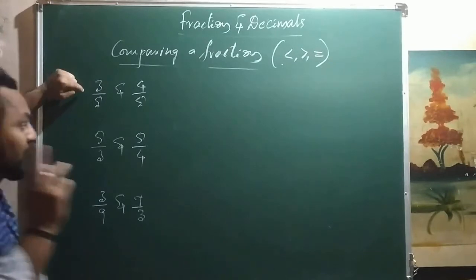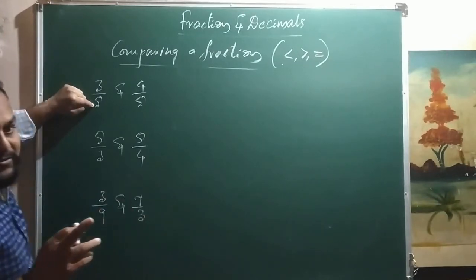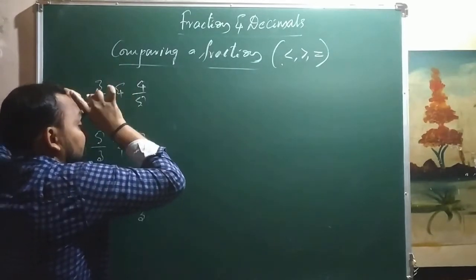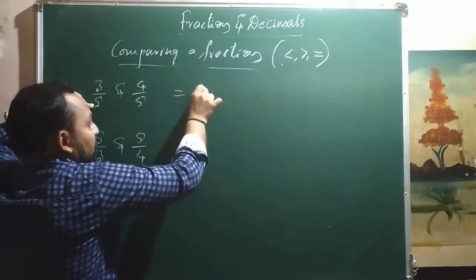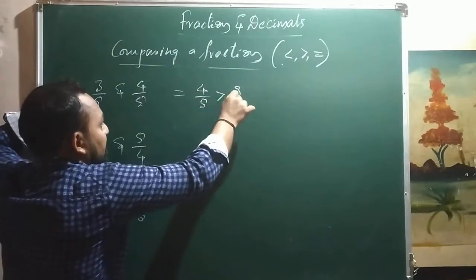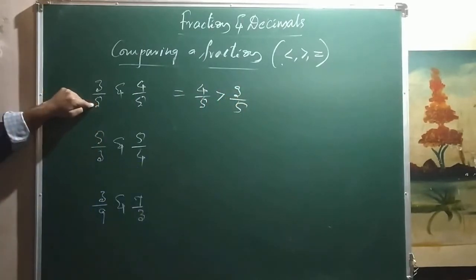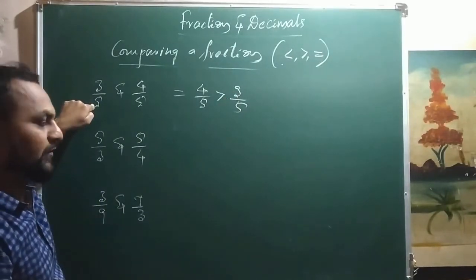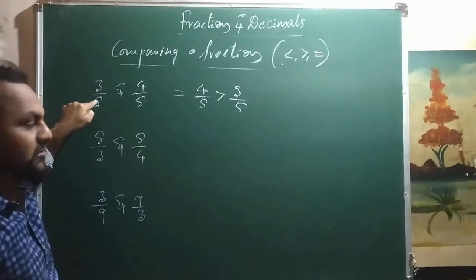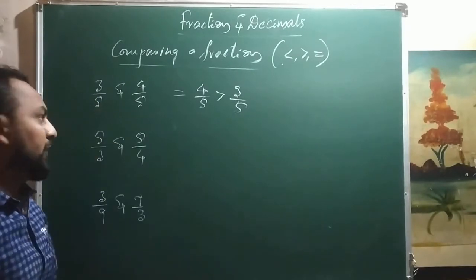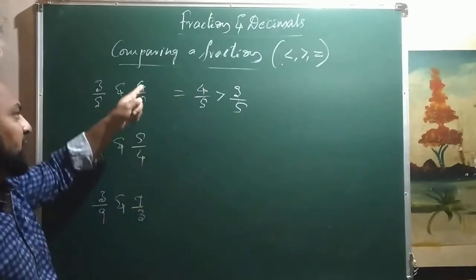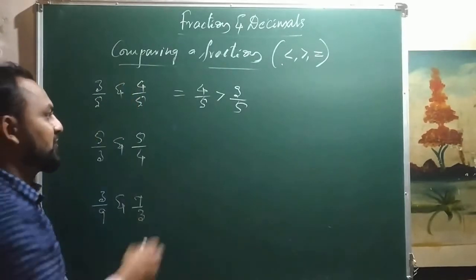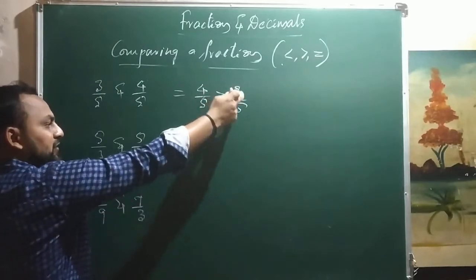The denominators of the first two fractions are the same, so the greater numerator wins. With like fractions, 4 by 5 is greater than 3 by 5. A fraction with the greater numerator is the greater fraction.